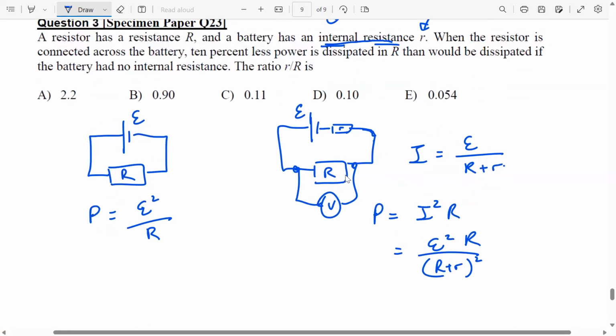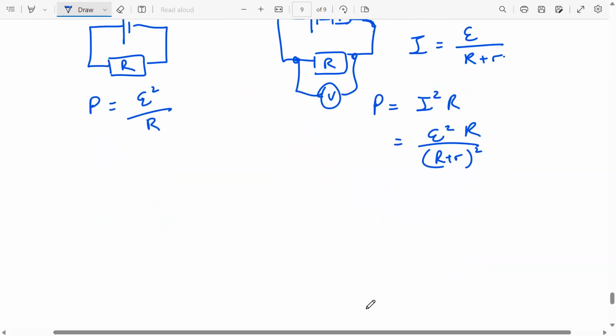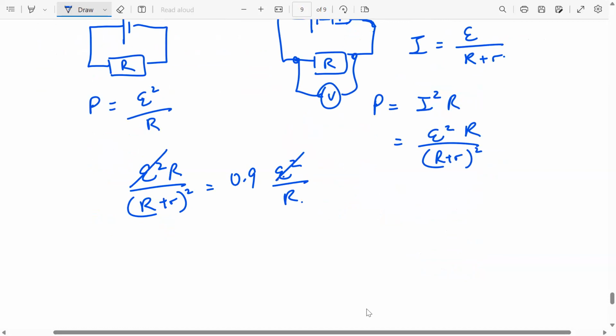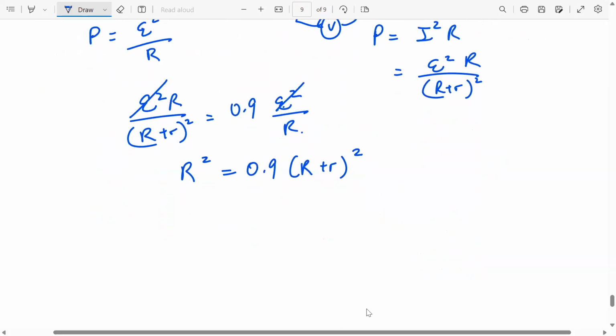And now they say that 10% less power is dissipated in this. So 10% less means that this power is 0.9 times of this. Cancel this. So R squared equals 0.9 (R plus r) squared. Technically you can expand it, but I would like to make it simple: square root both sides.